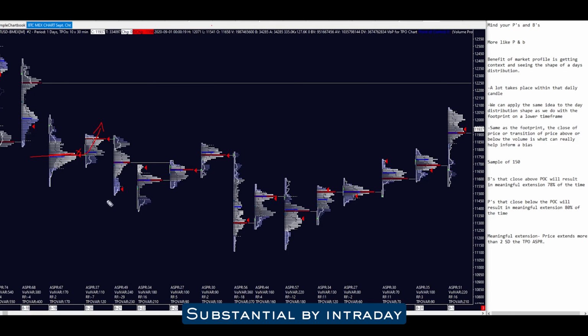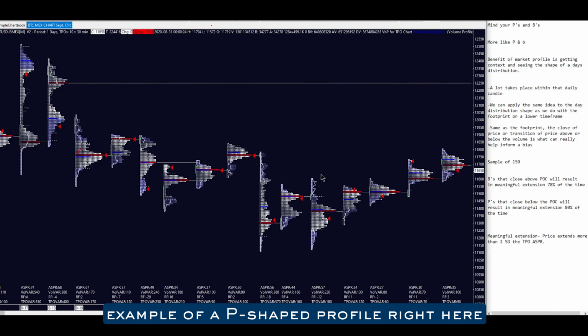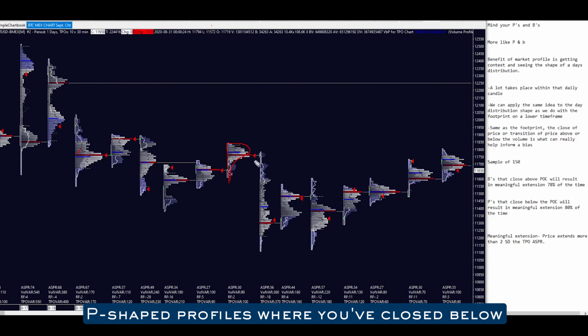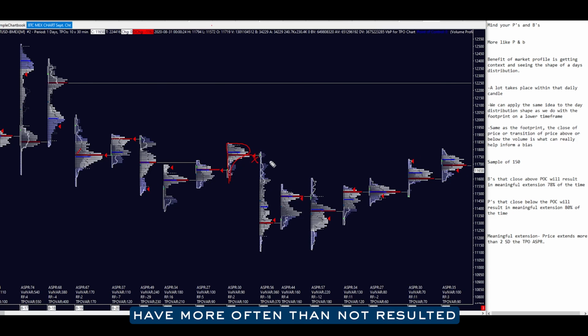Substantial by intraday values. And P-shaped profiles, and this is not an example of one, so let's find a better example right here. P-shaped profiles where you've closed below have more often than not resulted, if we've maintained acceptance below that, in meaningful corrections in the opposite direction.